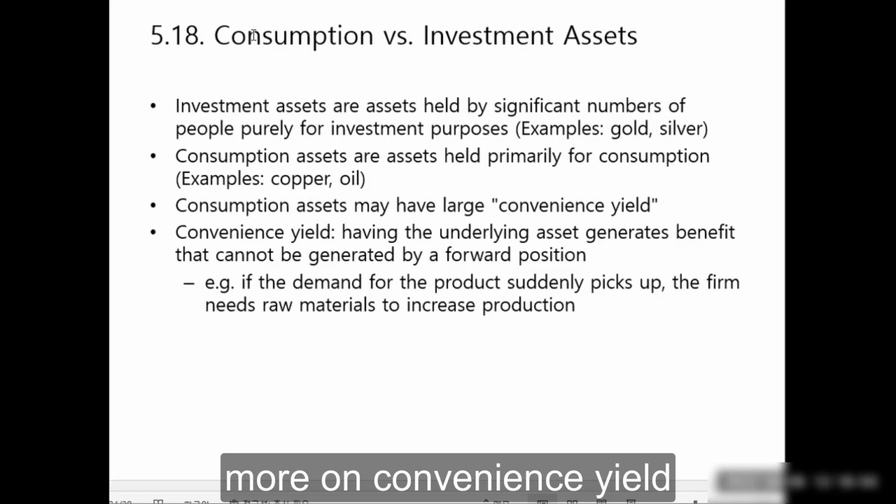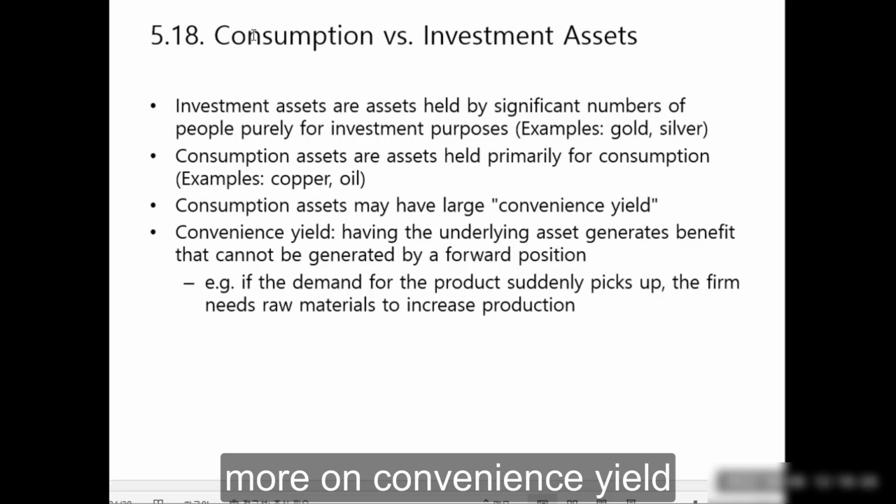We call them investment assets because people are buying them mostly for financial investment, with the hope that they'll make a profit by buying low and selling high. Gold is typically considered an investment asset because many market participants trade gold, not because they really need gold, but because they think they can make money by buying and selling gold.